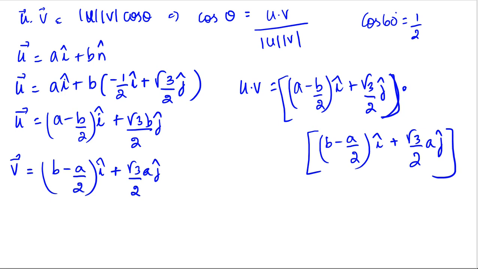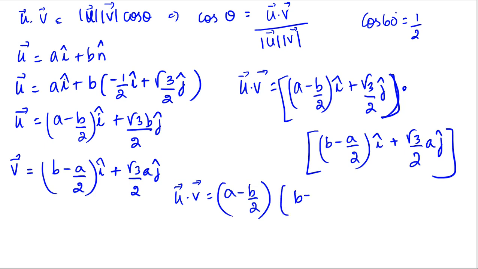So after doing that, you're going to get the u dot v vector. You have to use this vector sign everywhere. Okay. So u dot v is equal to (a minus b) by 2 into (b minus a) by 2 plus 3ab by 4.